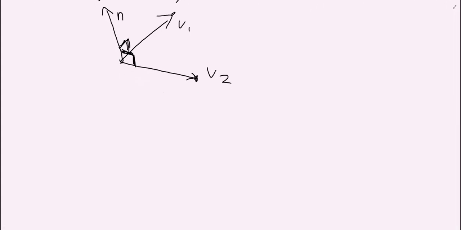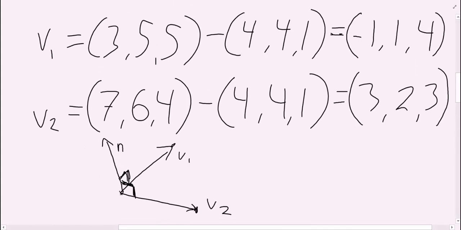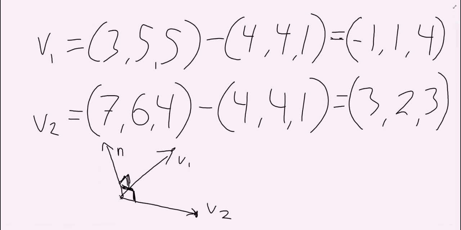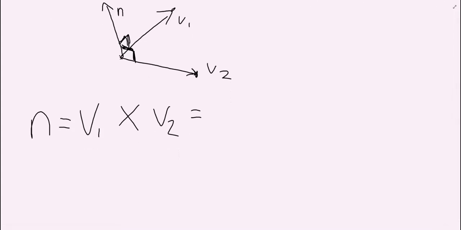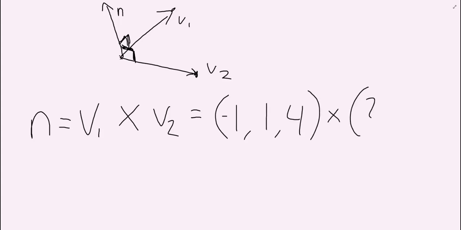So n equals v1 cross v2 equals minus 1, 1, 4 cross 3, 2, 3.